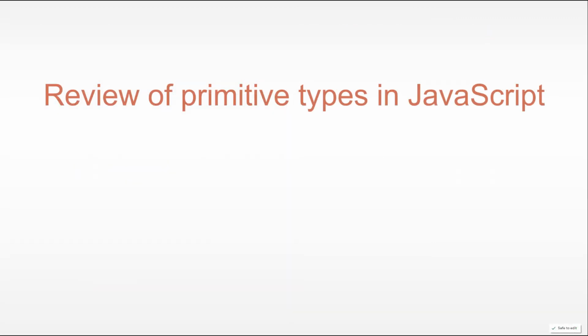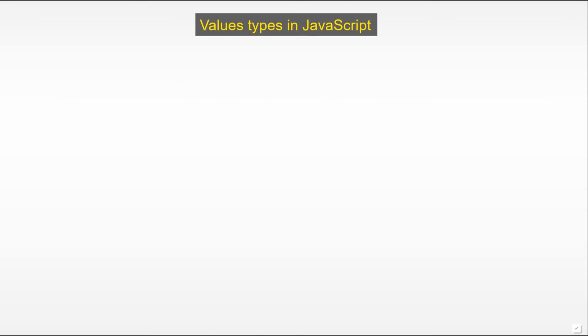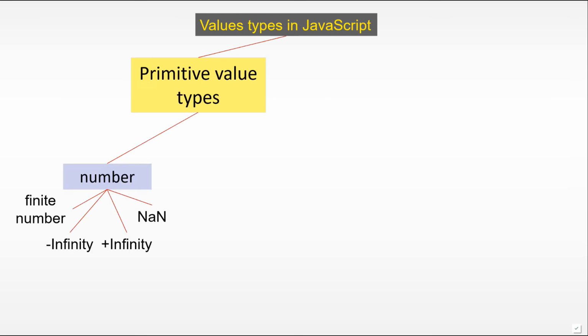Let us go through the 7 primitive types again to make sure that we are all on the same page. If we have a primitive value type, this can be the number, with the finite number representing the typical numbers that we think of when we think of numbers. But in addition to that, we had the positive and negative infinity, and then the strange not a number type, the NaN.